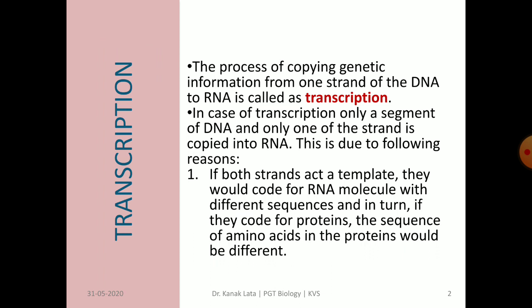The answer is that if both strands of DNA acted as template, they would code for RNA molecules with different sequences, and in turn, if they code for proteins, the sequence of amino acids in the protein would be different.